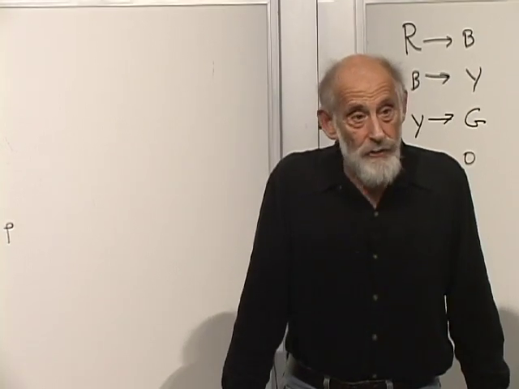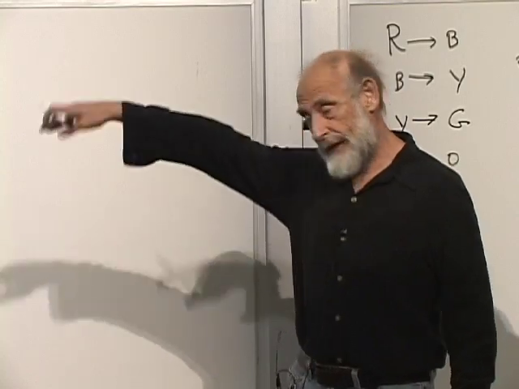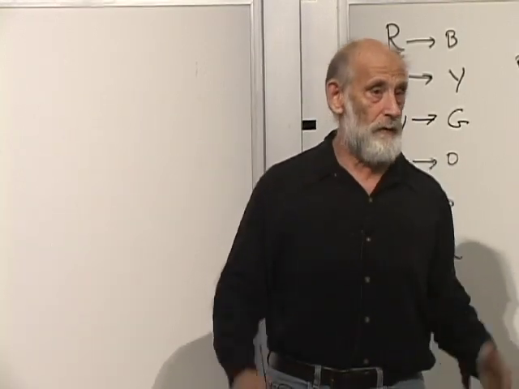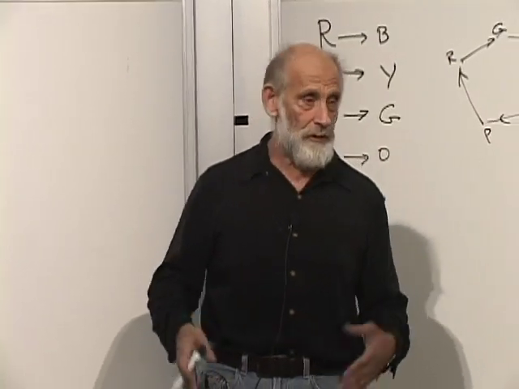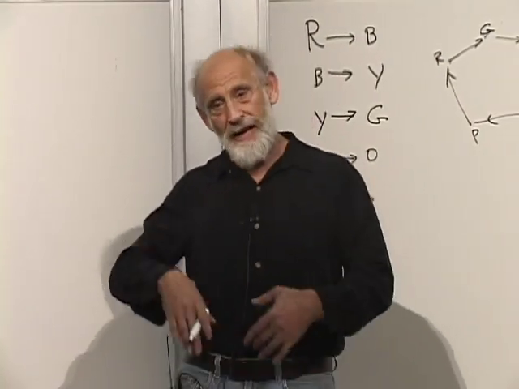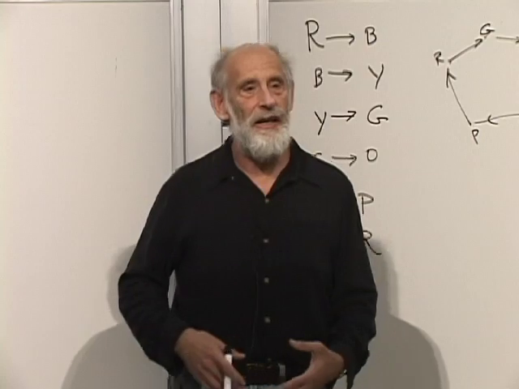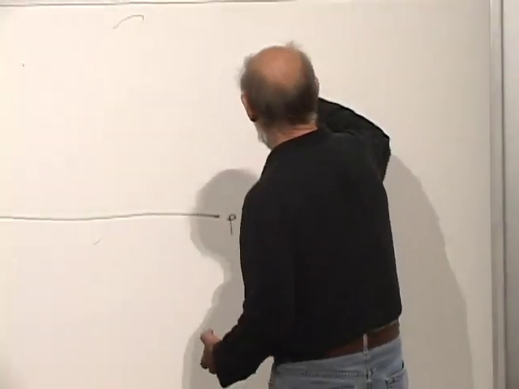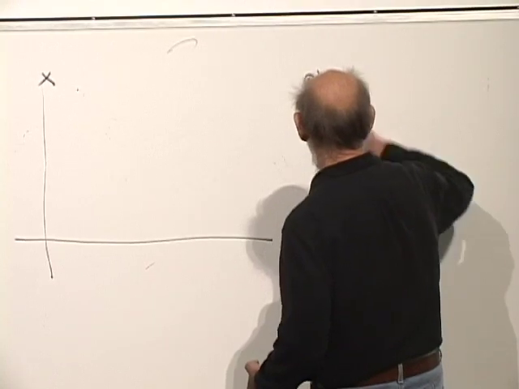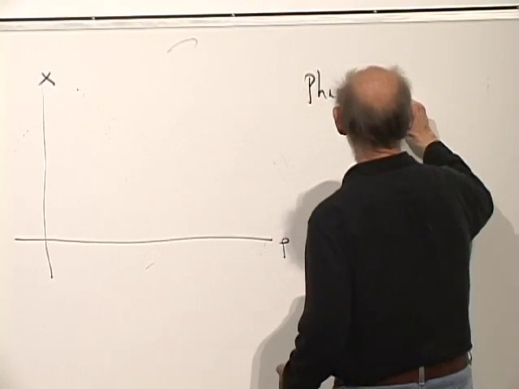There are 3 p's and 3 x's for each particle, so I draw it as just a p and an x plane. But of course, for an ordinary particle, there would be a 3-dimensional p space and a 3-dimensional x space. So it gets complicated fast. To picture the phase space, this is called the phase space. The phase space of a classical particle is 6-dimensional.